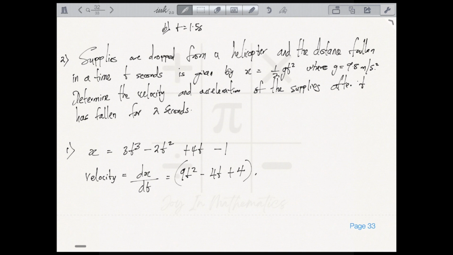The unit of this is meters per second, because the unit of the distance given is in meters. And now the acceleration is differentiating it a second time, and that will give us 18t minus 4, and the unit is meters per second squared.